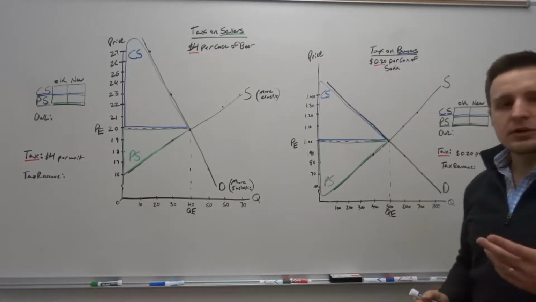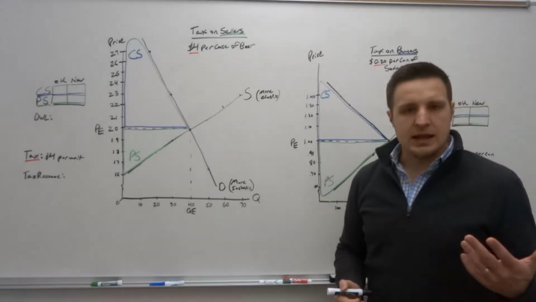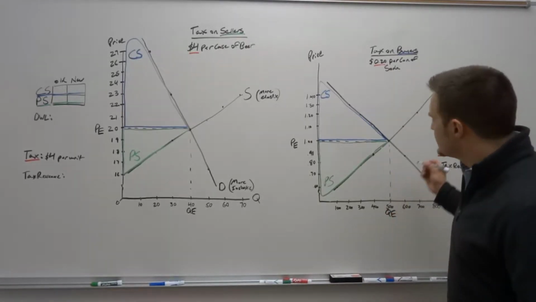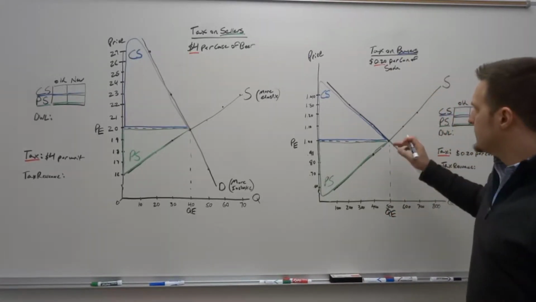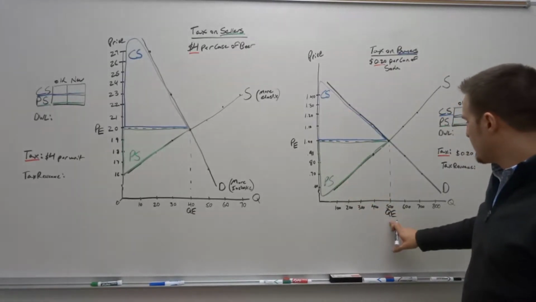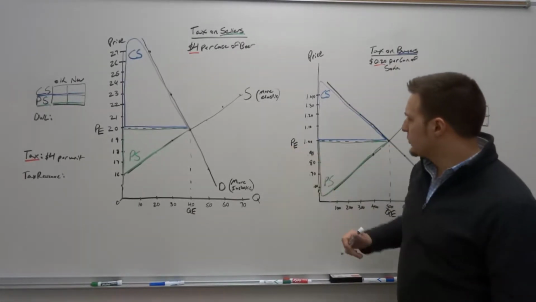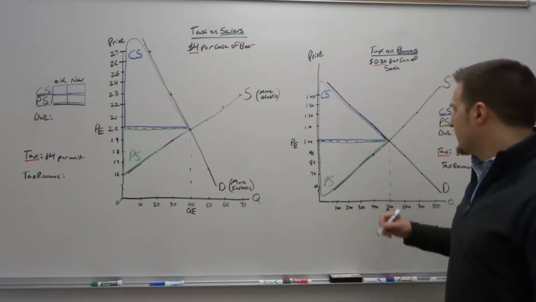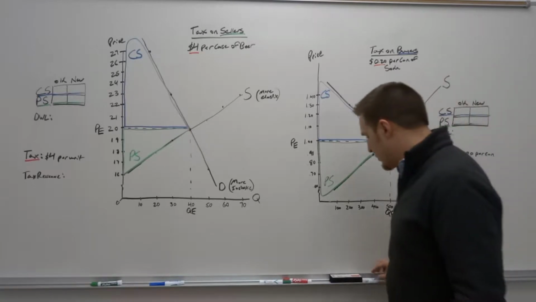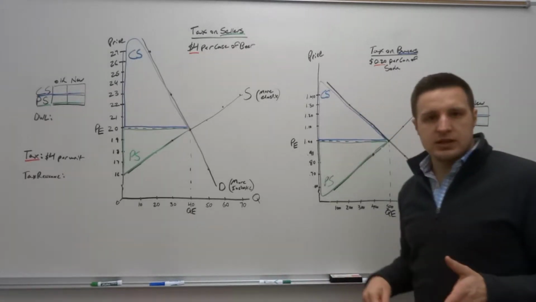So let's assume that there is a market for soda and there's a 20-cent tax placed on soda. We have original consumer and producer surplus, equilibrium quantity at 500, equilibrium price at $1. Let us suppose that the government puts a 20-cent tax per unit on soda cans.